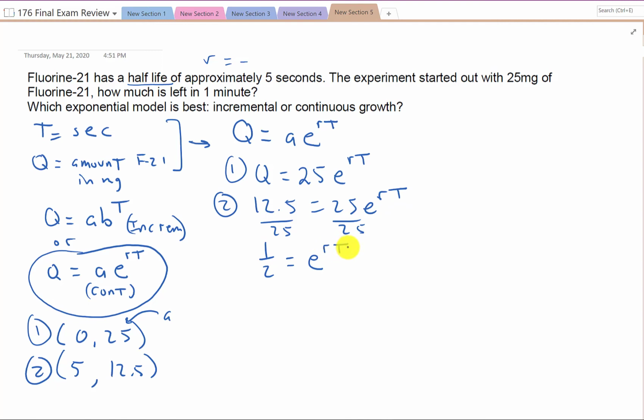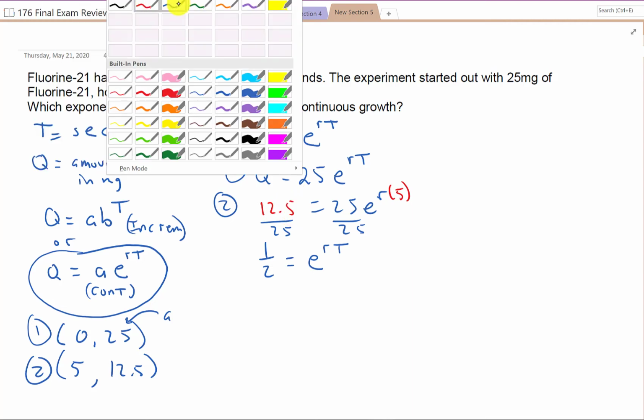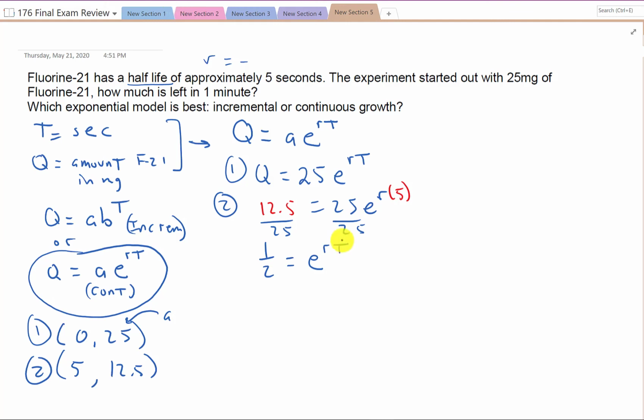Now I gotta, oops, I forgot. I plugged in the 25, but I forgot to plug in 5 seconds. So I have 5 seconds here, and I have 12.5 milligrams here. Okay, so we can start solving now. Somehow I have to get r by itself.